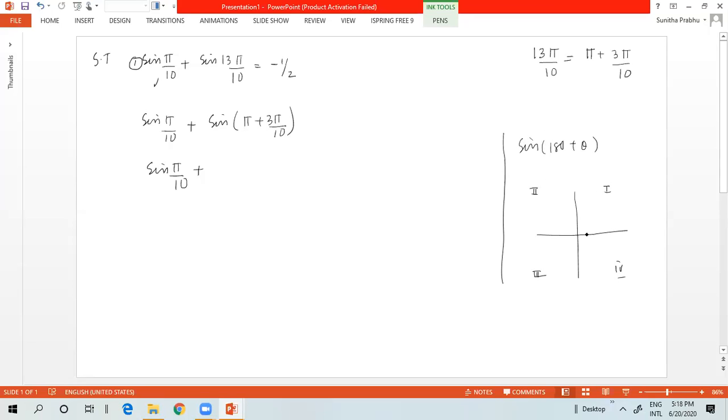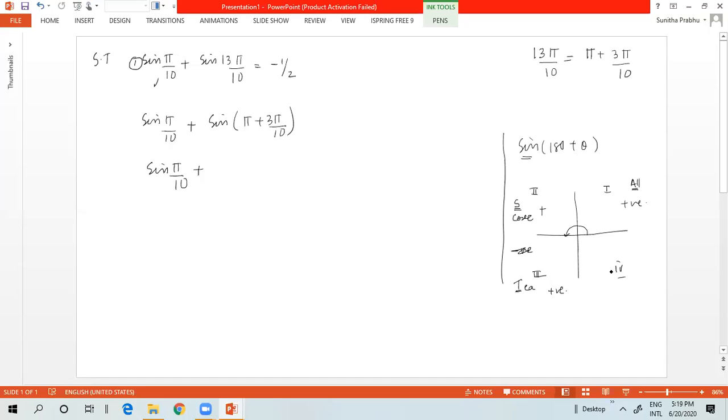So 180 plus theta will be somewhere in the third quadrant. And in the third quadrant, sine is going to be negative because all trigonometric ratios are going to be positive in the first quadrant. Sine and cosecant are going to be positive in the second quadrant. This is T, T means tangent. Tangent and cotangent will be positive in this quadrant.